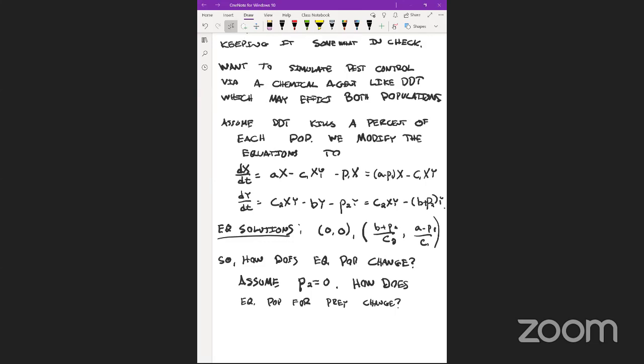So what happens? I have stopped the, so I've just killed off, so the DDT now is only killing prey. It is not killing the predators at all. And what happens to the equilibrium population?